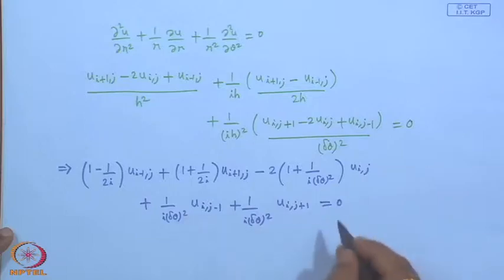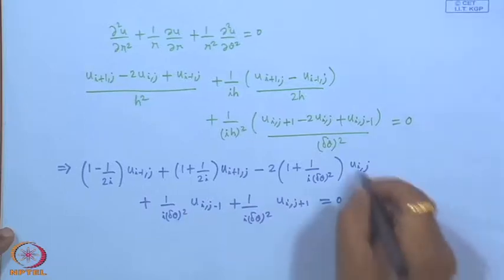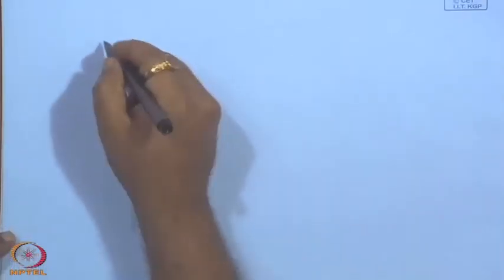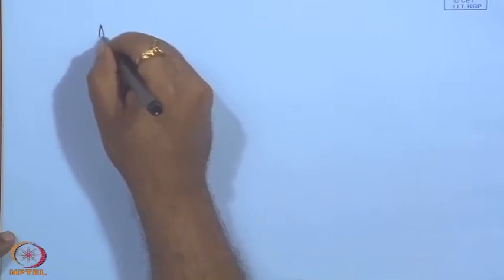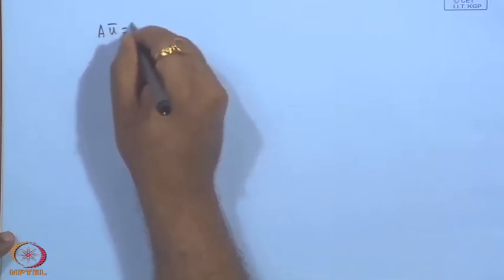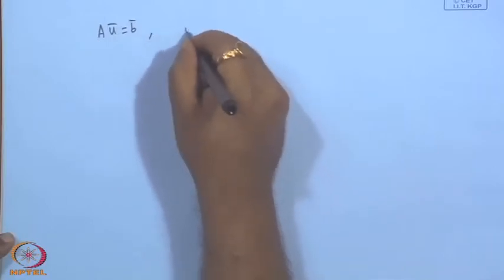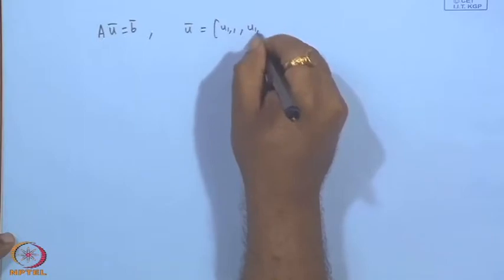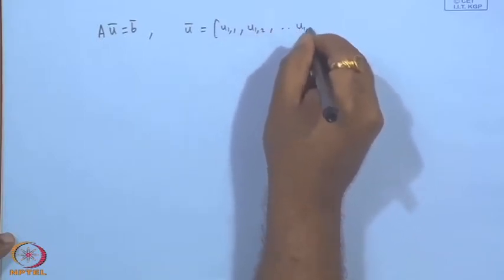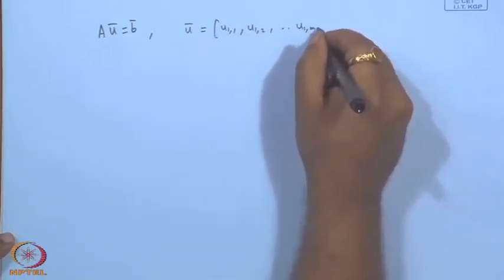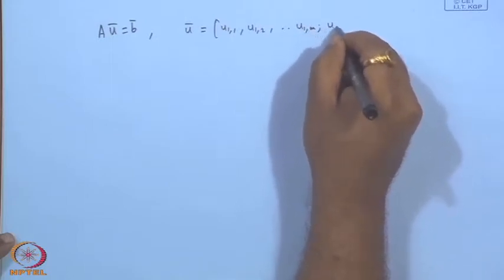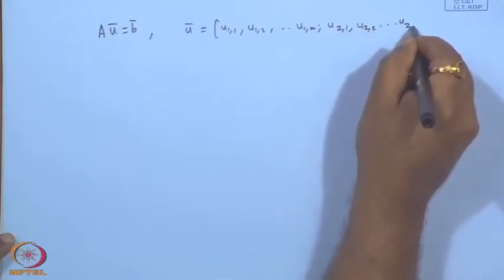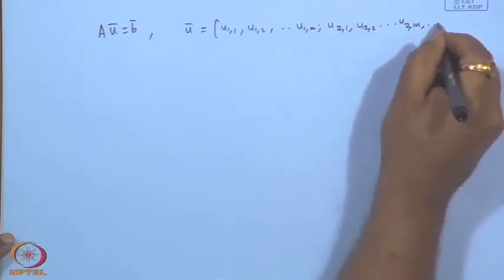This corresponds to each grid point. Okay. So, this can be expressed in the form of a system where u bar is, so on and so forth.